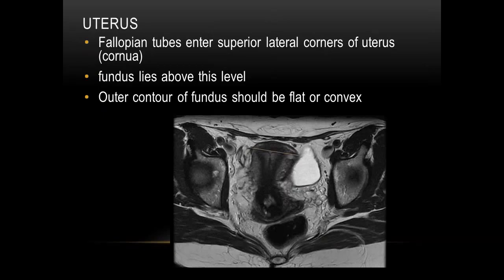The fallopian tubes enter into the superior lateral aspects of the uterus known as the cornua. If you draw a line between the 2 cornua, the fundus lies above this level, and the outer contour of the fundus should either be flat or convex. And you can see in this example, incidentally, the woman has an IUD present.